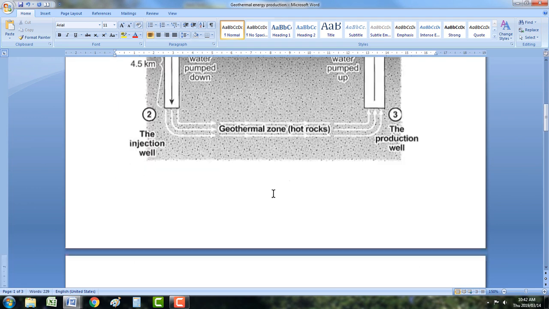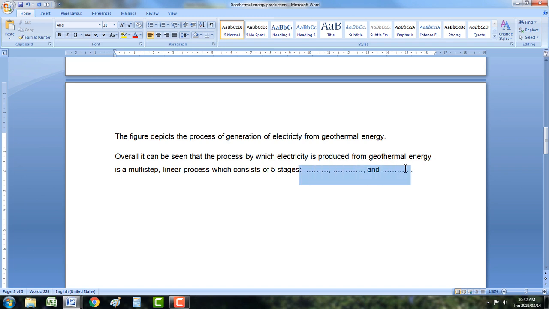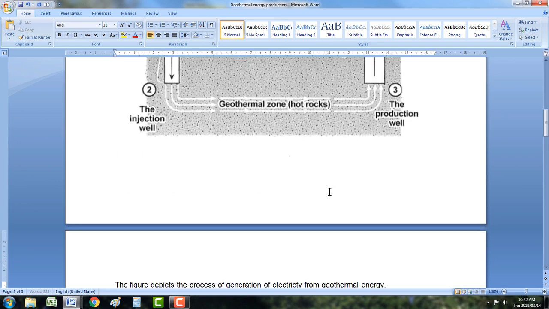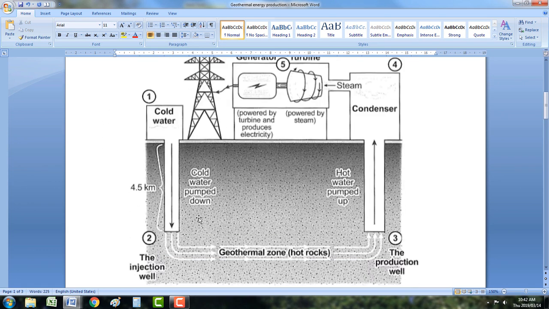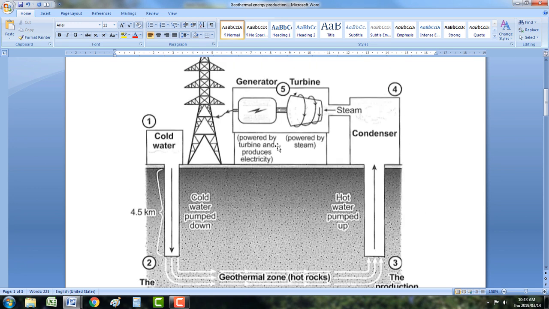You've got to name the stages. If you don't do anything there, it's okay, but you really want to try and name the stages. Doesn't have to be fancy. I would say stage 1, pumping down. Stage 2, geothermal zone, or this is where the water gets heated up. So I would say stage 2, heating, pumping up, condenser, electricity production.